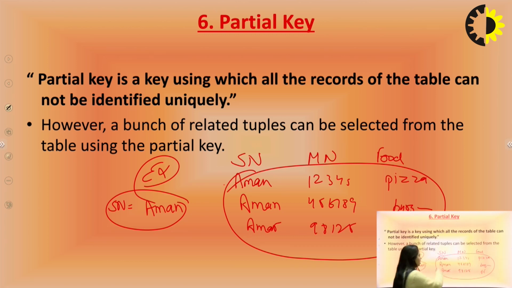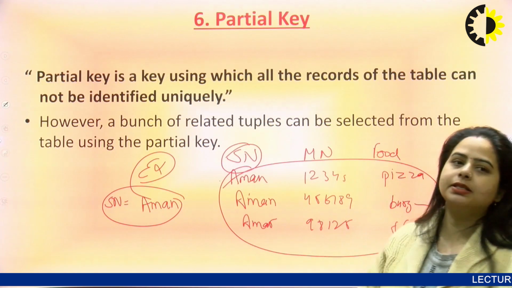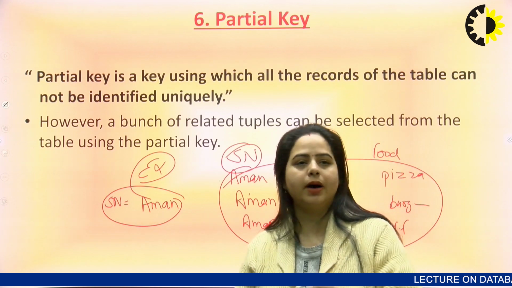So here student name works as the partial key, which does not uniquely identify information, but it will return a bunch of information where we match the information in the query. So a partial key is the key using which all the records of the table cannot be uniquely identified. However, a bunch of related tuples can be selected from the table using the partial key.